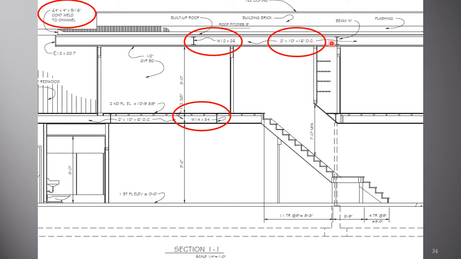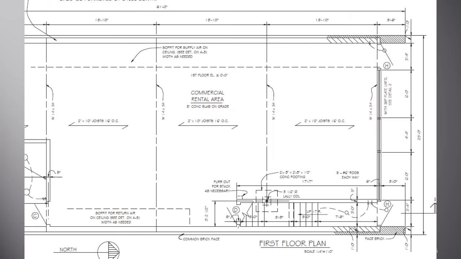But where are these located? For that we have to go back to sheet 1 and we look at the first floor plan, and it tells us that our W14s by 34 are 13 feet 10 inches on center.